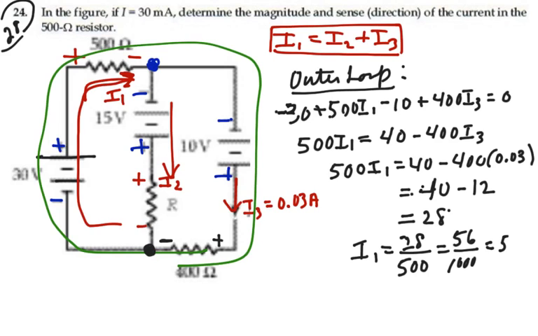So 56 milliamps is I1, and since that came out positive, that means that I assumed the correct direction of going left to right through that resistor. So we have a current of 56 milliamps going left to right through that resistor, and that is the magnitude and sense of that current.